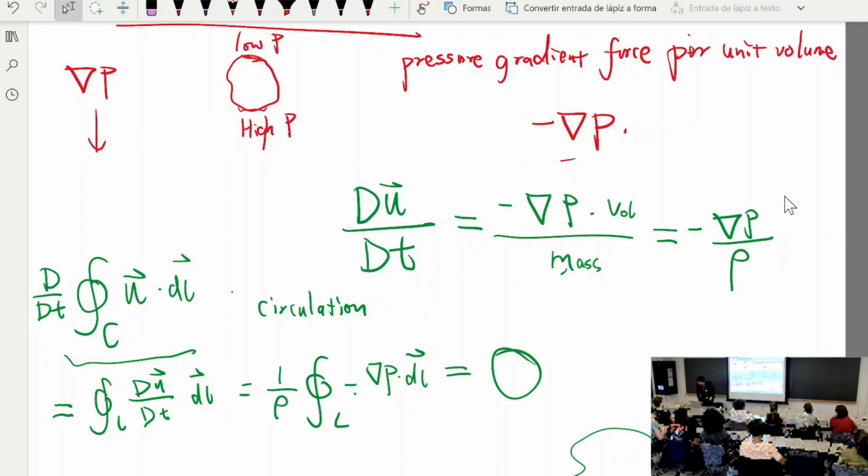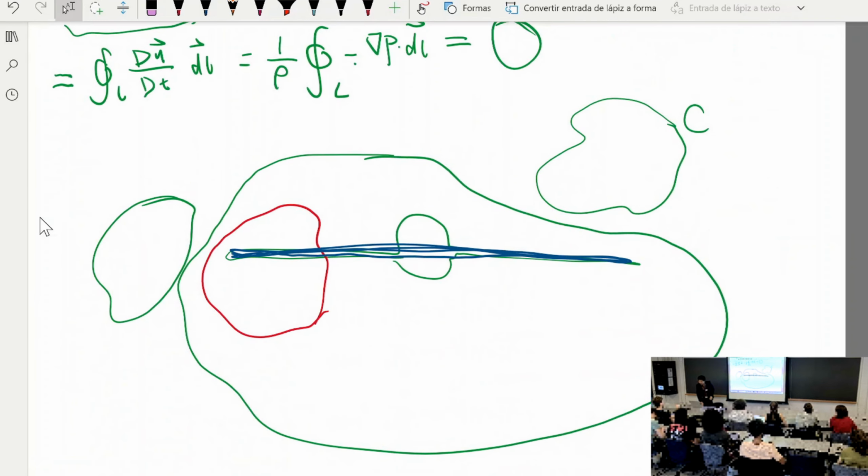What is happening is that in the wake, there are counter-rotating vortices from this side and from this side, right? So the circulation of the contour is equal to the summation of the circulation of the vortices within that contour.